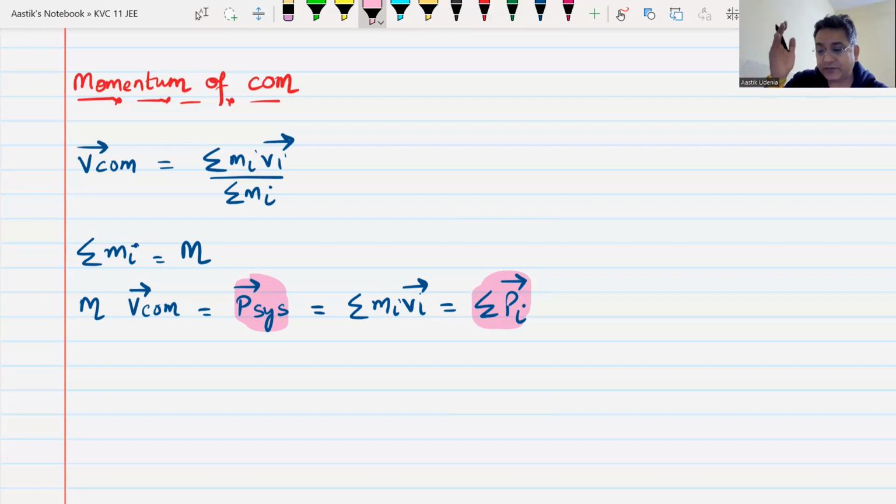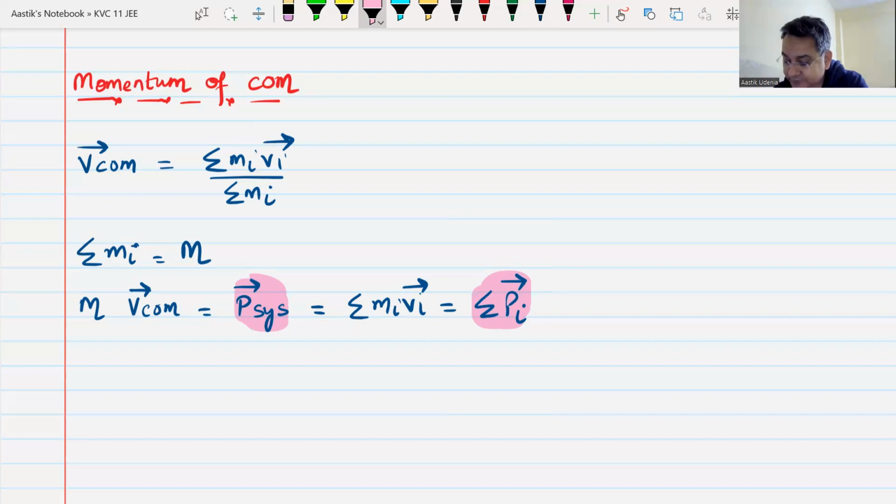So wherever we found the velocity of the center of mass, if we had not divided mi vi by M, we would have got the momentum of the center of mass of the system of particles. Do we understand this? Yes or no? Now, just wait a minute. I'll give you time to write. Don't write it now.